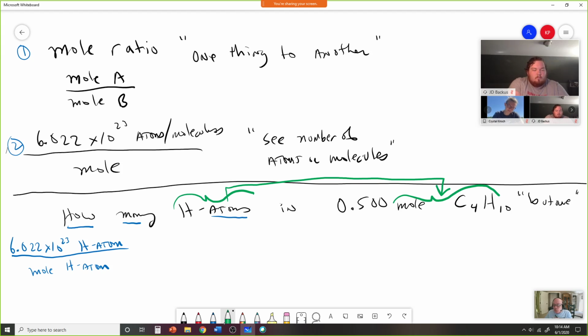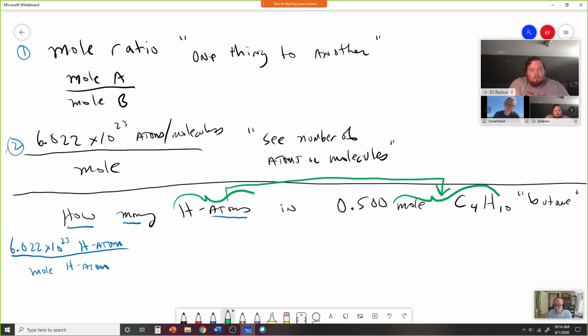They are not the same thing. So what's the relationship between the two? Well, I know there are 4 carbon atoms for every 1 mole of C4H10, and 10 hydrogen atoms for every 1 mole of C4H10. So what are we after? We're after moles of H for every C4H10.